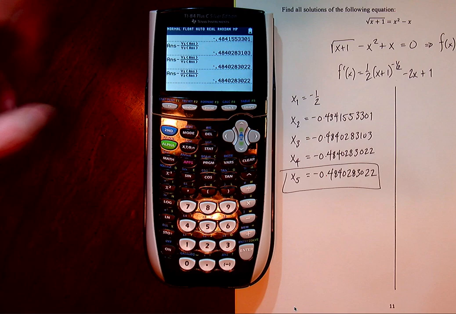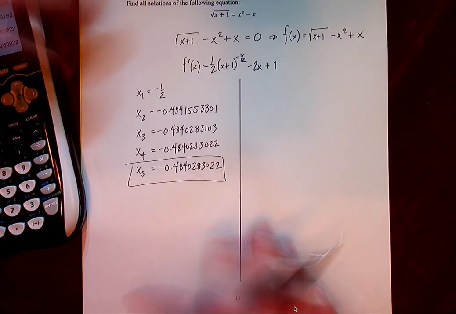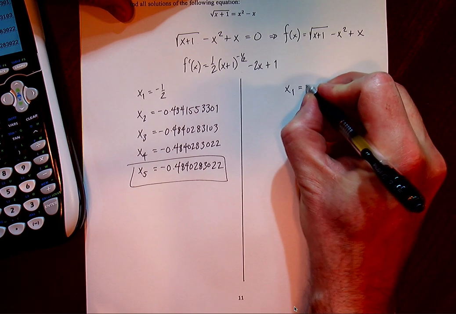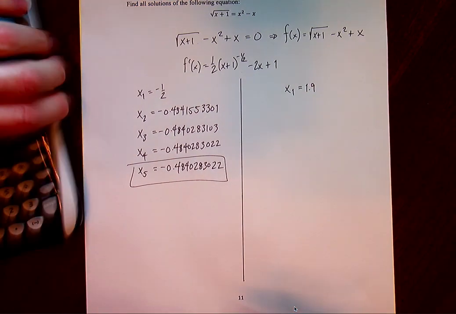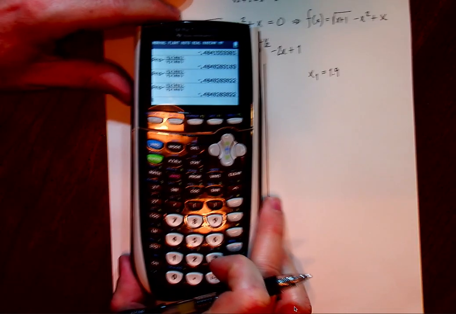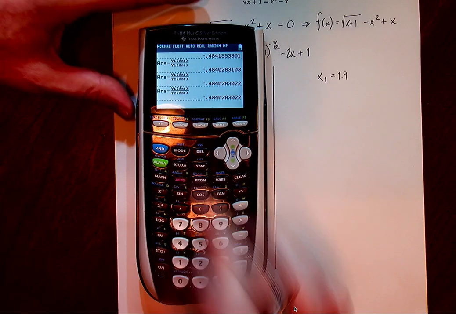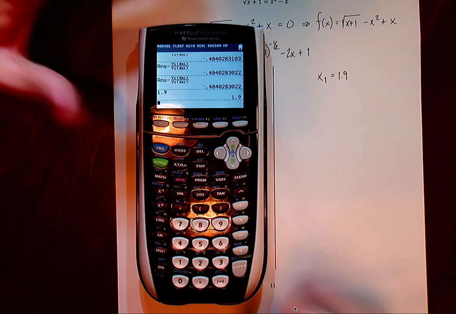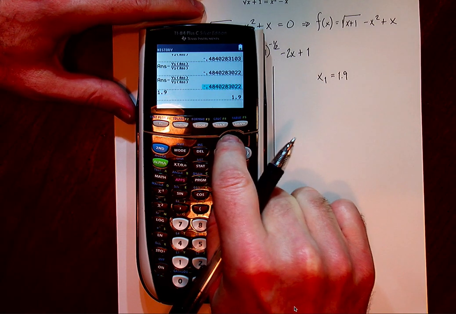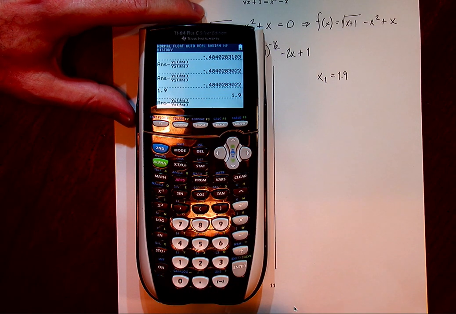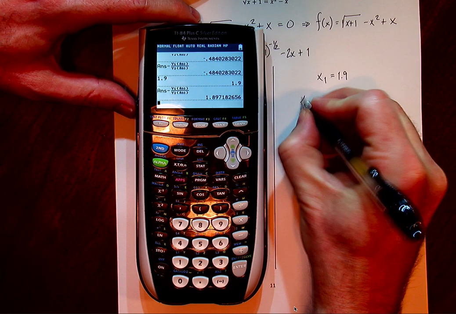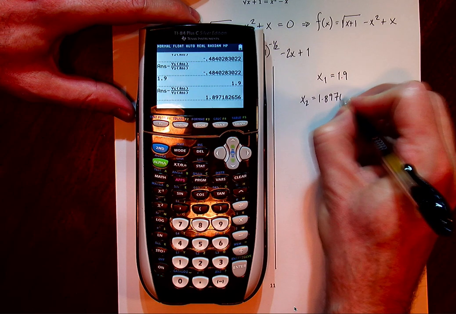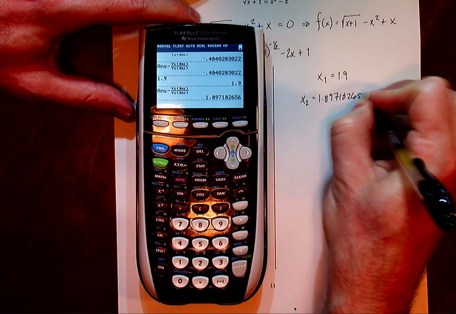Once it has stopped changing, that right there is your approximation. Then we go over to the other side, and let's do x sub 1 of 1.9. We enter 1.9, and that makes sure that 1.9 is your new answer. So this little formula can grind it out, and you get x sub 2 equal to 1.897182656.